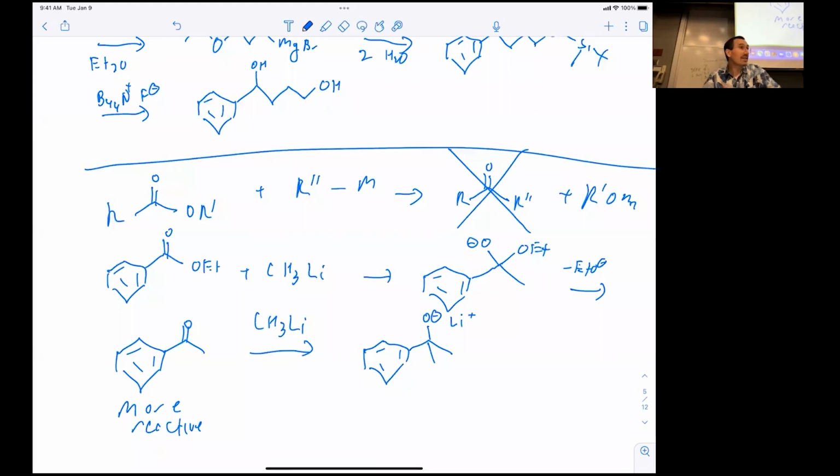And just as in the case of generating butyl lithium, or trying to generate it with only 1 molar equivalent of lithium instead of 2, I would only get half as much butyl lithium. In this case, we're in the same situation.